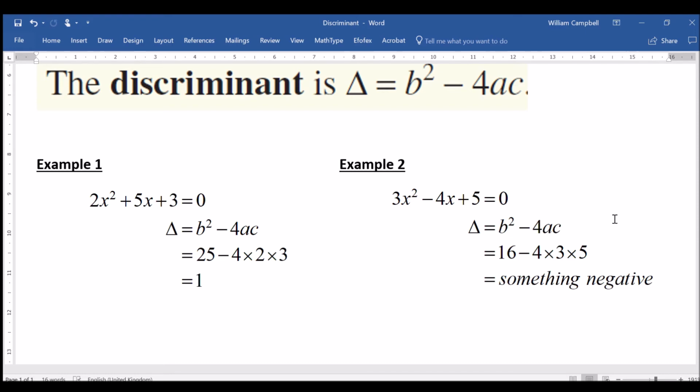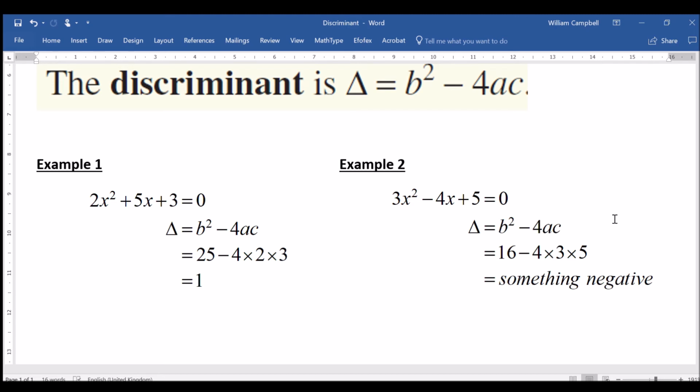So b squared minus 4ac in this case is 25 minus 4 times 2 times 3, which is 1. And so in this case, we get a positive answer for the discriminant. So in our formula, we'd have plus or minus square root of 1. So when you add or minus something, you're going to get two different answers, aren't you? Can you guys see that? So plus or minus square root of 1, plus or minus 1, we're going to have two answers of some sort.